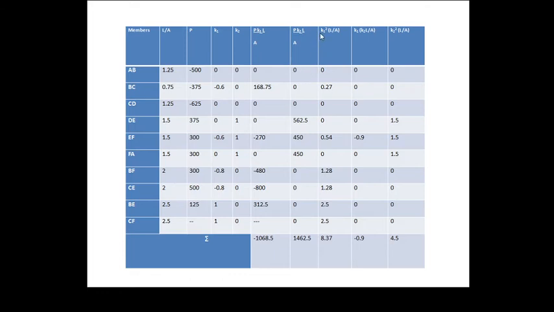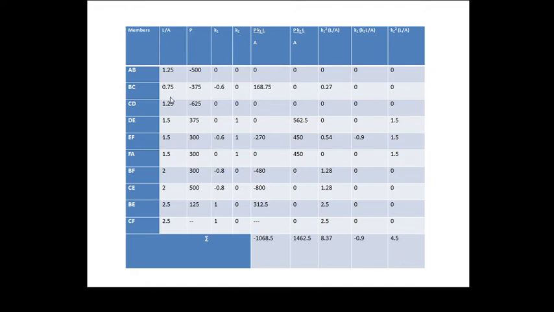You see this one, K1 square, 0 square is always 0, therefore this is also 0. K1 into K2 L by A is also 0, because K1 K2 is 0. Here K2 square by L square is also 0. Similarly, this is the member AB.